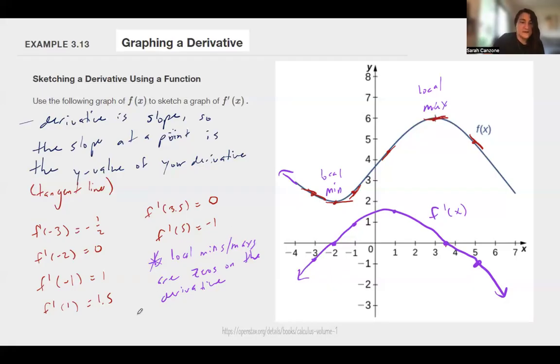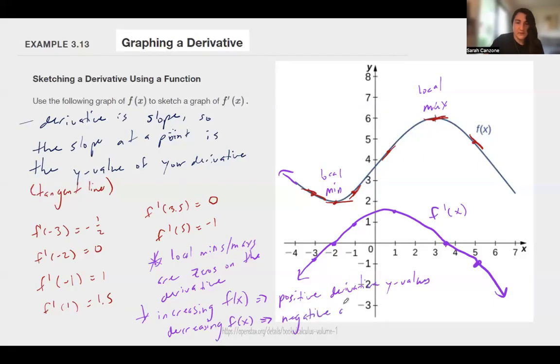All right, so I can put this as a note as well. So increasing f of x implies, the little arrow here just means implies, increasing f of x implies positive derivative y values, and decreasing f of x implies negative derivative y values.